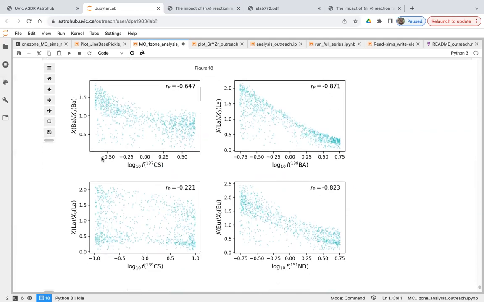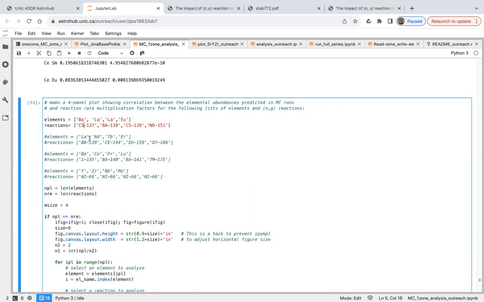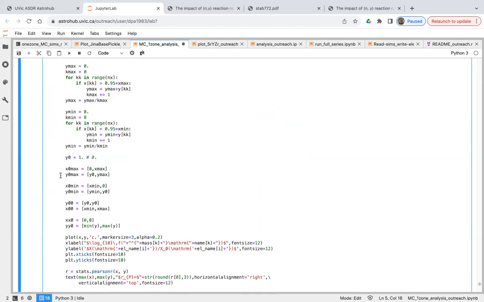For instance, here for lanthanum, I have cesium-139. It's wrong. I need barium-139, but I have barium-139 here for lanthanum as well.